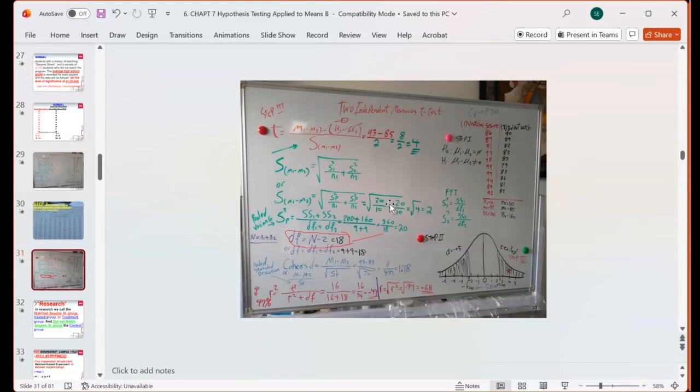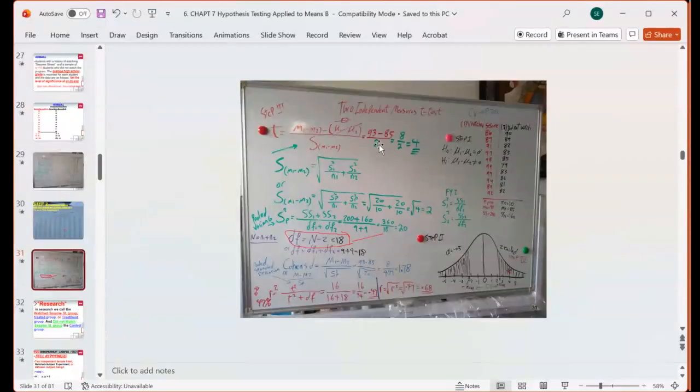Pooled variance, 20, divided by 10, which is the first sample, plus pooled variance, 20, divided by the second sample, which is 10. That would be 2 plus 2. The square root of 4 is 2. That is our estimated standard error.